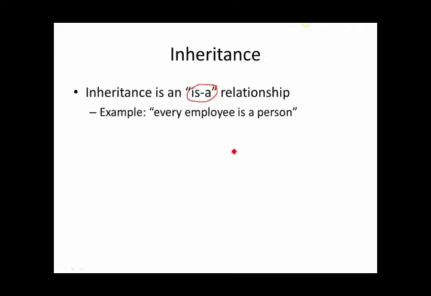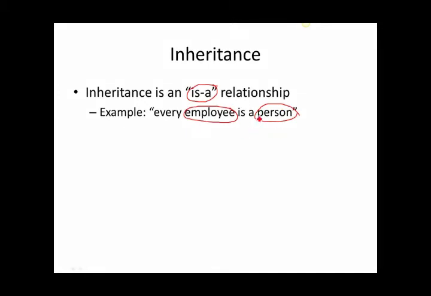For example, every employee is a person. Let's assume someone already wrote a person class that has everything we need, but we're writing a project about an employee, so we're writing an employee class. The beauty of object-oriented programming is code reuse. We can easily inherit from the person class into our employee class, and therefore reuse all of the functions and variables in the person class.